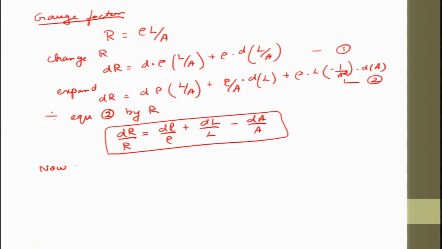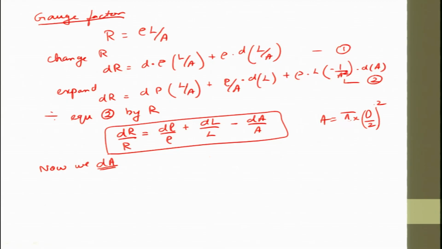Now, we have to sort out dA. We have to find out what is dA. A equal to pi into (d by 2) the whole square.